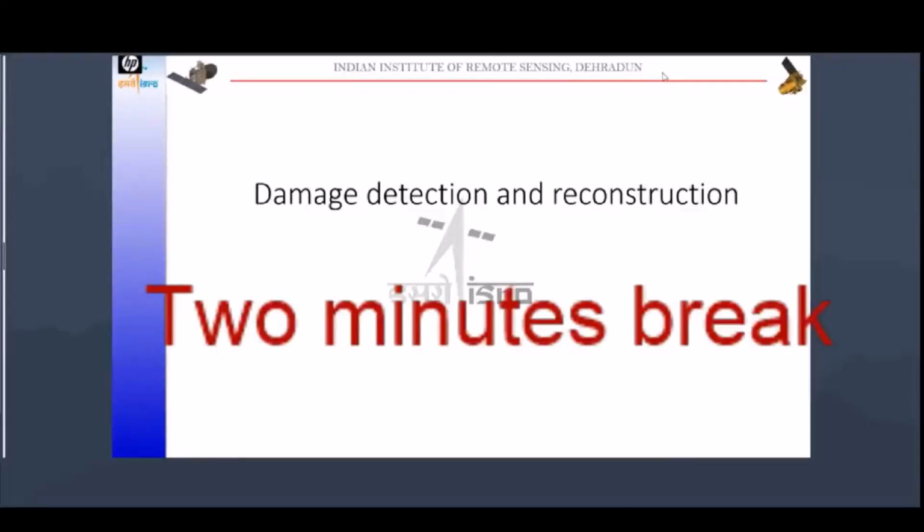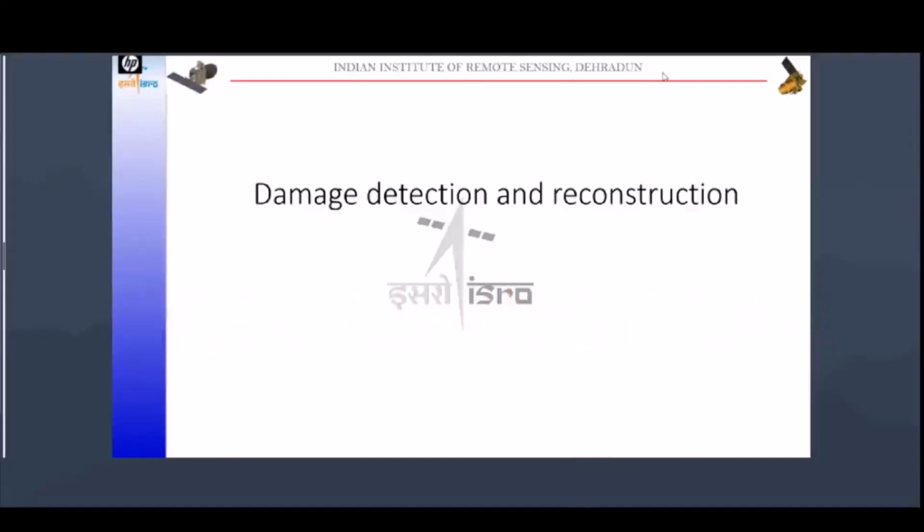In this session, we will be discussing damage detection and reconstruction. As you have been told earlier, using the ground-based systems, we were able to generate the 3D models. And these 3D models with dense point cloud can be used for damage detection and reconstruction.